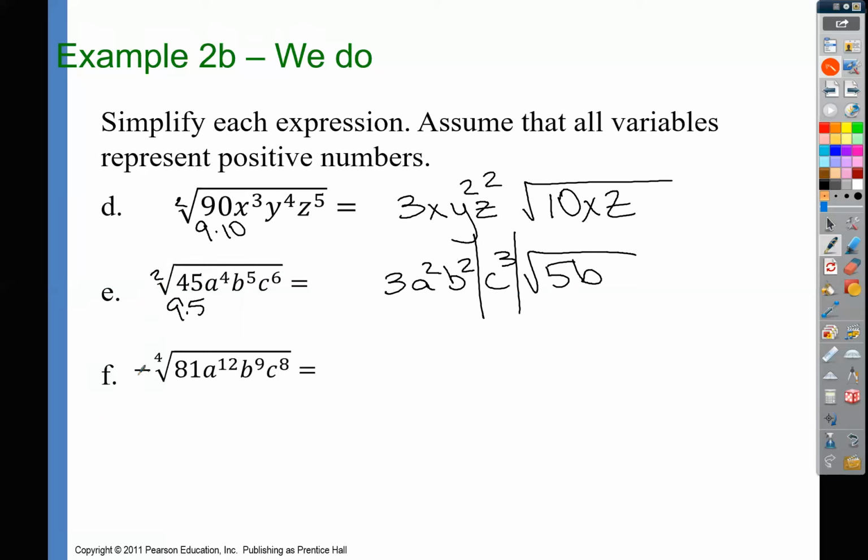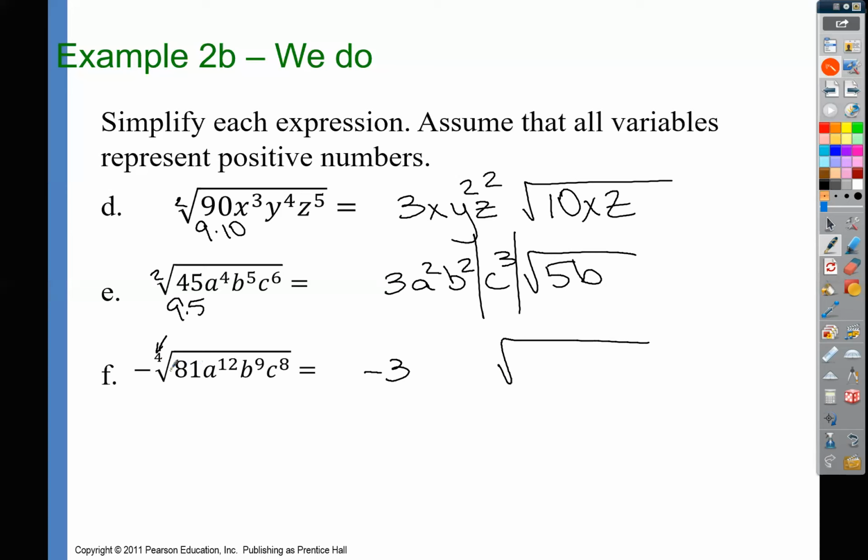Versus F, look at that, okay? We're talking about a 4. So this is one of those nth roots that we were talking about. So it's the 4th root. All right, what times itself 4 times is going to give me negative 81? Negative 3.